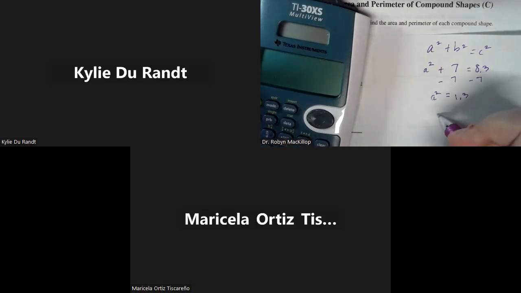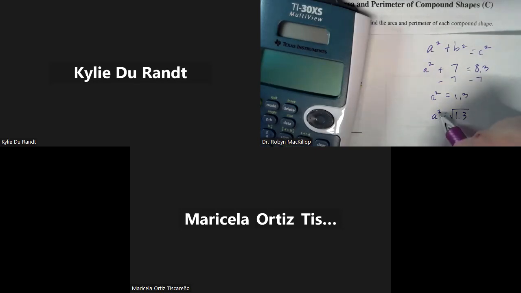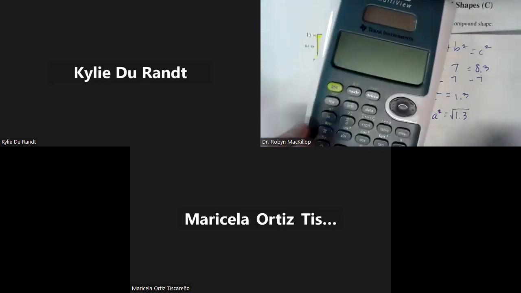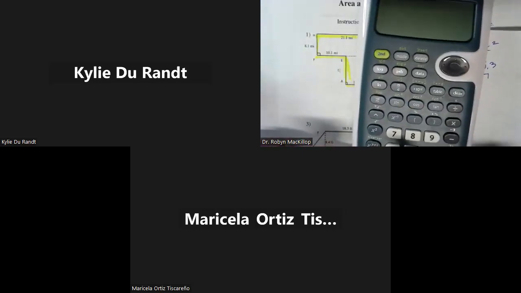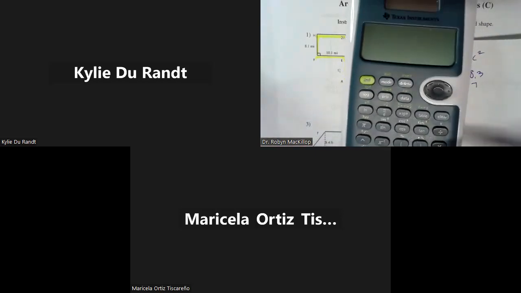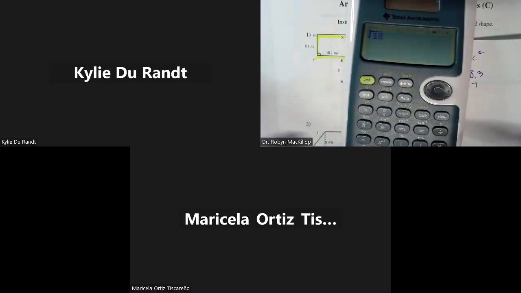And to do that means we have to take the square root of 1.3. That will give us a. Let your calculator do it. Your square root button is right down here next to the 7. It's up on top, so we're going to have to hit the green button and then that button. So green button, square root, 1.3, enter. 1.14.